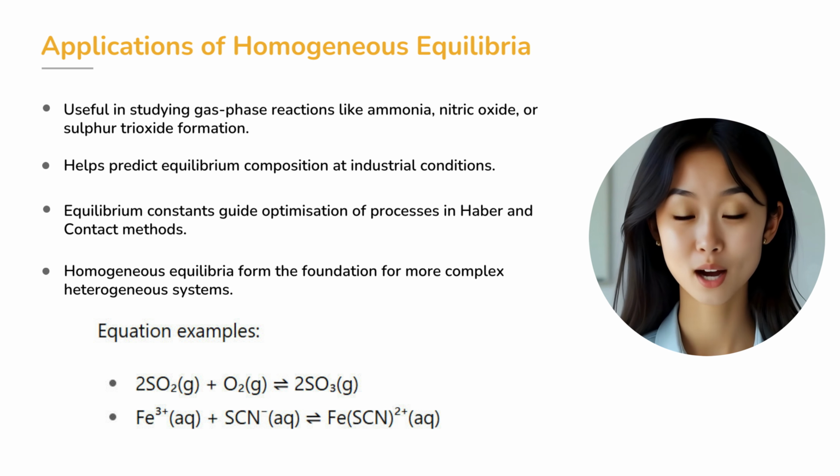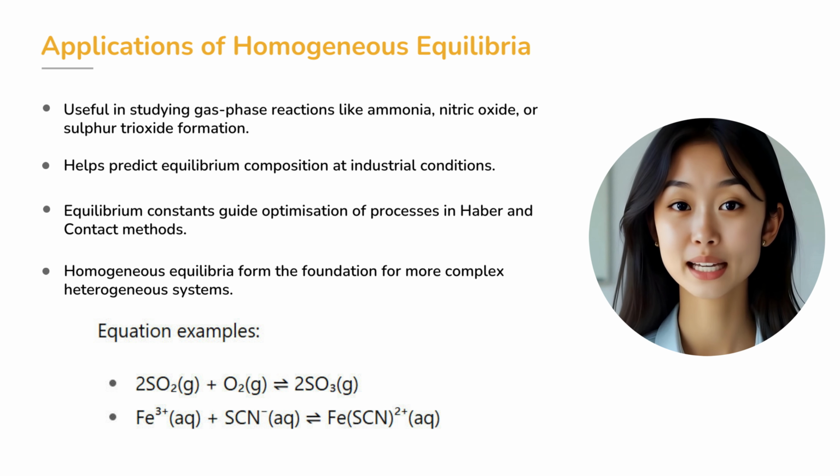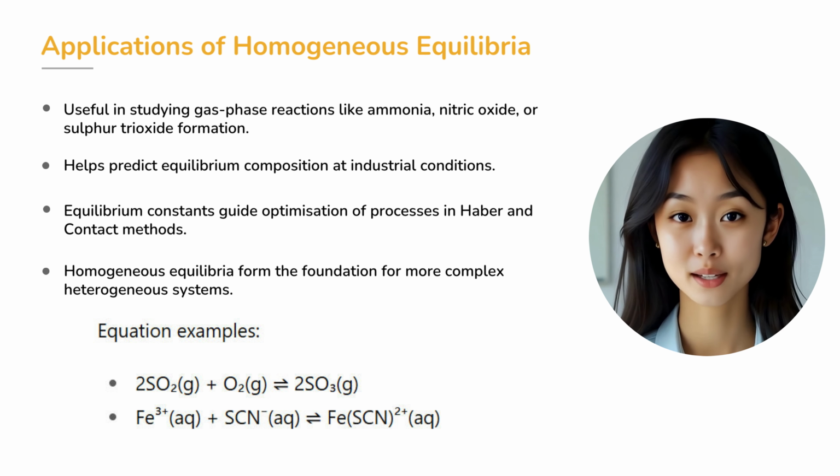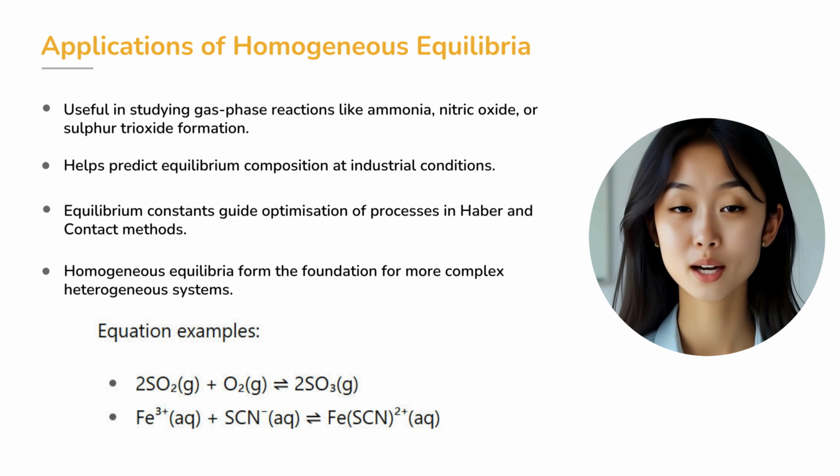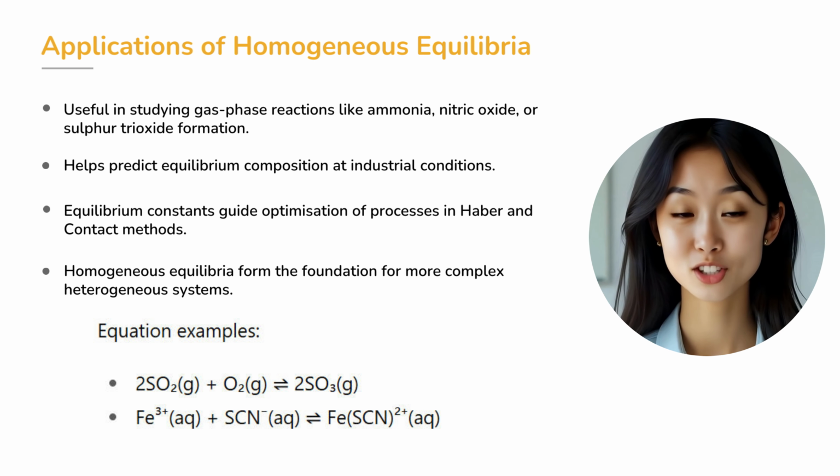Even complex ion formation, such as ferric ions reacting with thiocyanate to give the blood red FeSCN2+ complex in solution, is a case of homogeneous equilibrium. These equilibria help predict product yield, adjust conditions for maximum efficiency, and design industrial processes that feed our world. In short, homogeneous equilibria bridge textbook chemistry with real-world chemical engineering.